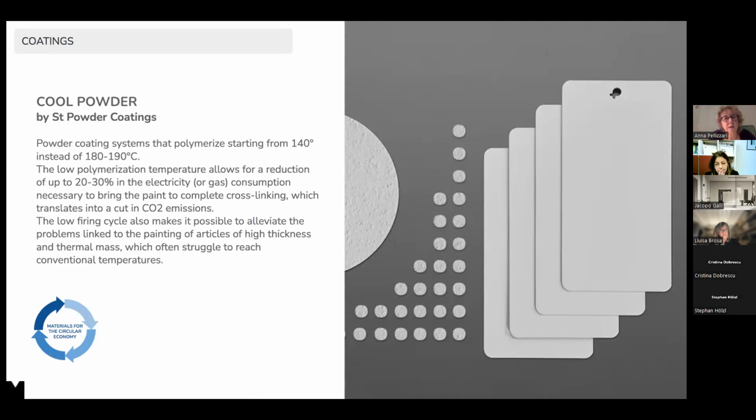Most powder coatings companies are developing solutions to reduce the temperature in application and consequently reducing CO2 emissions during application, which is one of the most impacting steps.